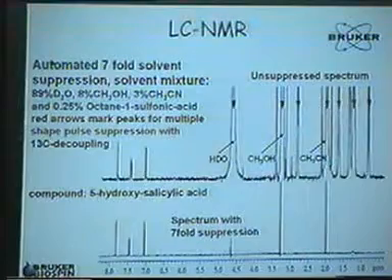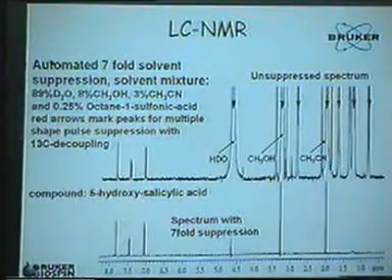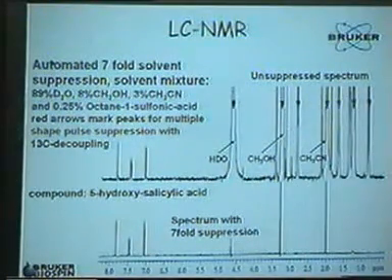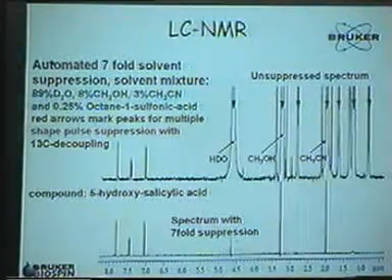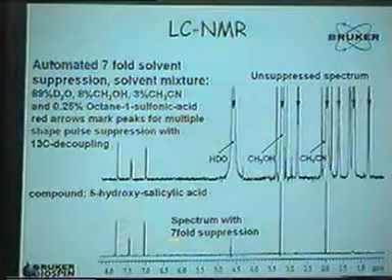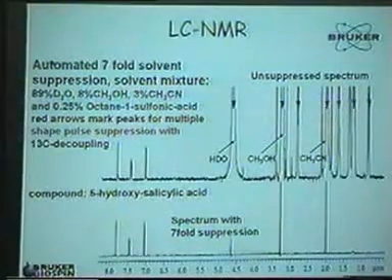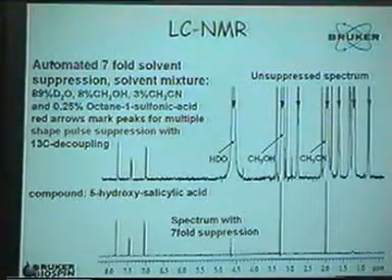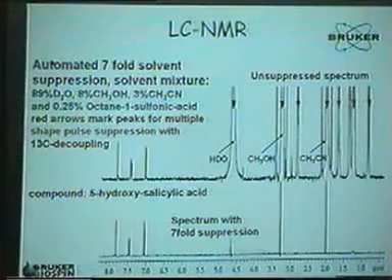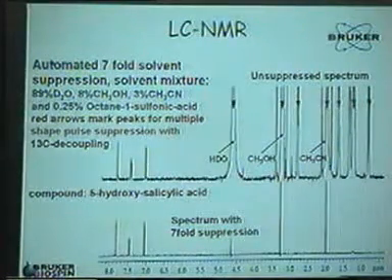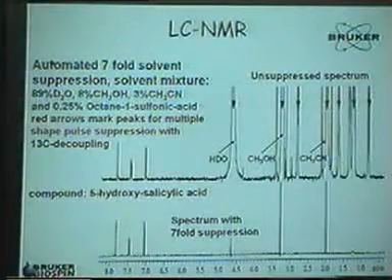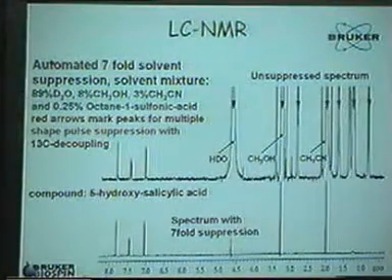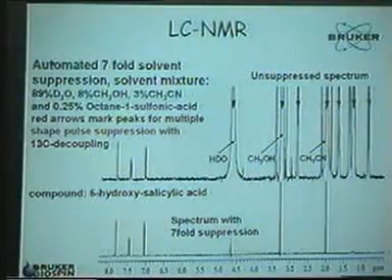And those are the peaks corresponding to the solvent, not corresponding to your product. So in order to see the product which is here, you have to suppress that. There are 7 peaks. You have to do a solvent suppression of 7 peaks simultaneously. There are techniques to do that. It's not difficult. And you will be trained how to do that when we install the LC-NMR system. Next slide.